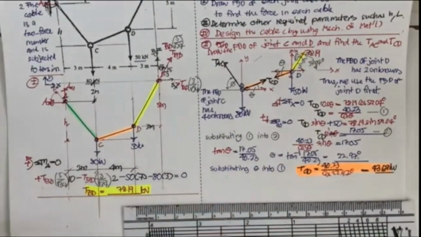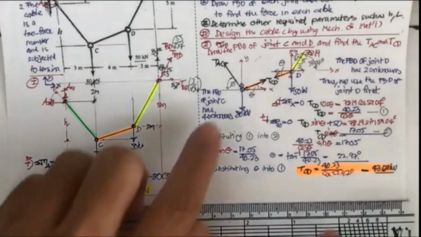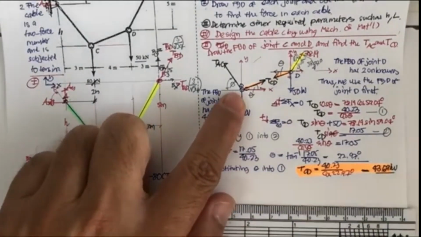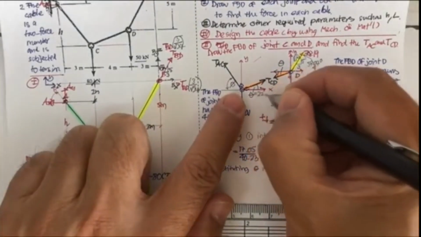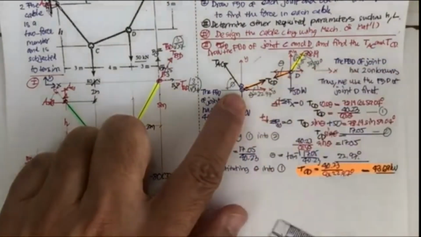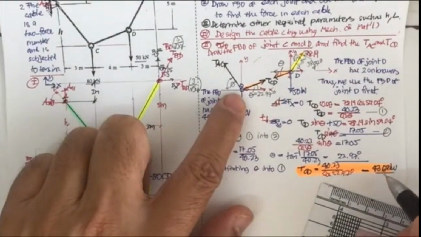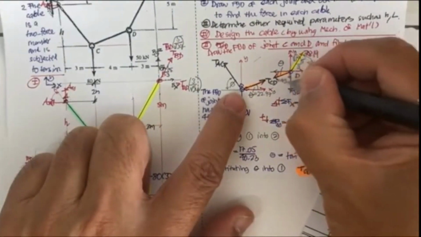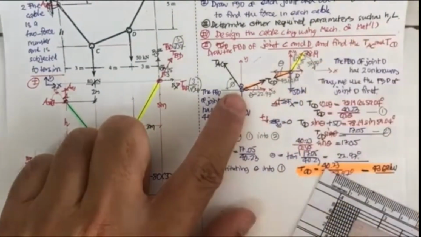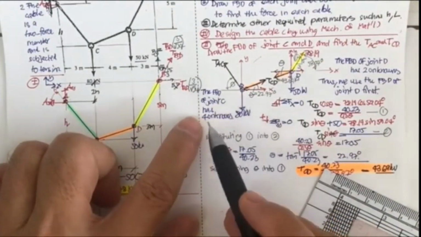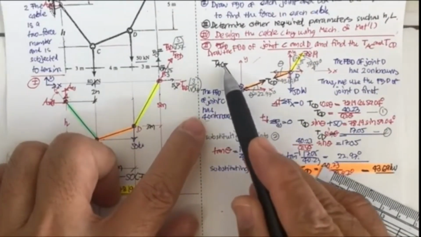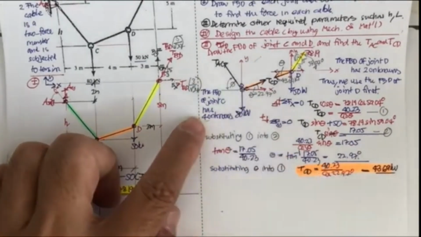Now, the free body diagram of point C will change. Since you get the theta already, theta is going to be equal to 22.97 degrees, and you also get T sub CD of 43.69 kilonewton. So the unknowns are reduced from 4 unknowns to only 2 unknowns, T sub AC and phi.